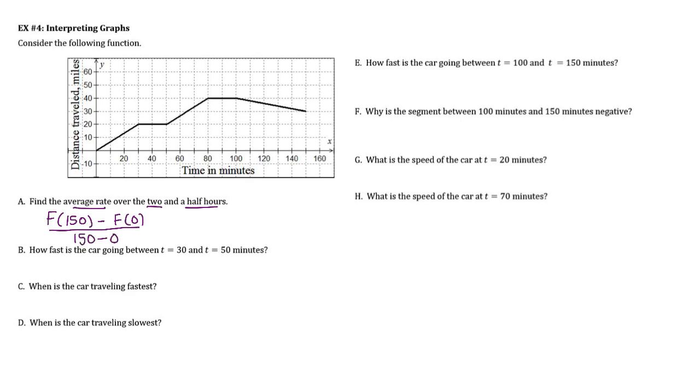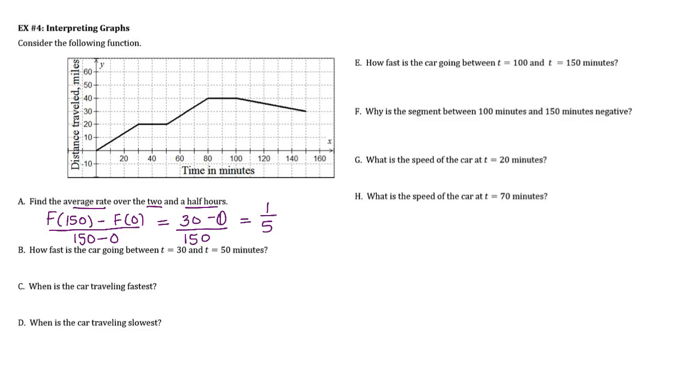And so that's going to give me 30 minus 0 all over 150. And so that's going to be about 1/5.